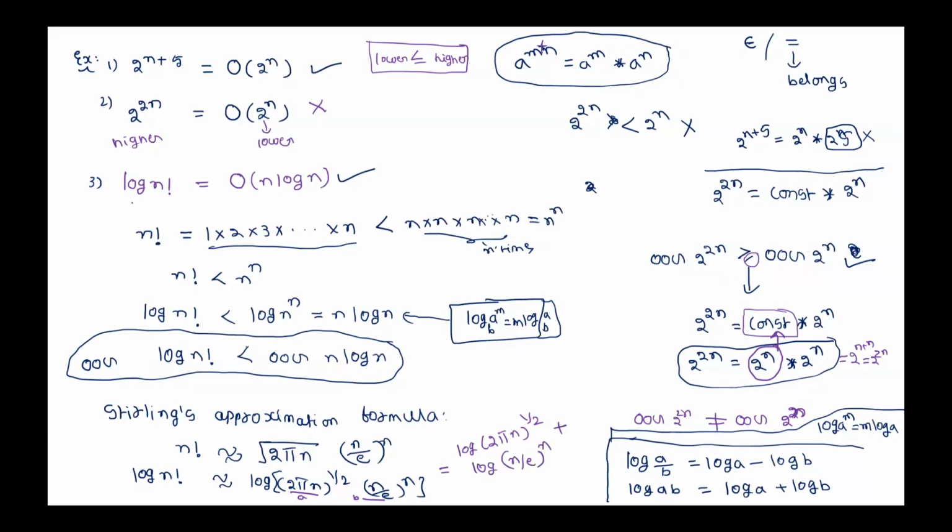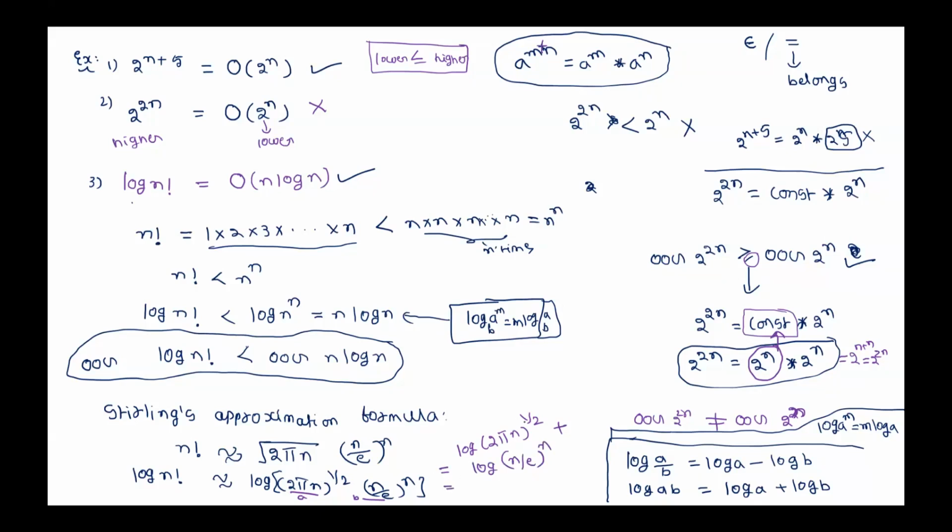First one I have taken as A, second one as B. It is of the form log AB, and we know that log AB is the same as log A plus log B. Hence we have written that.